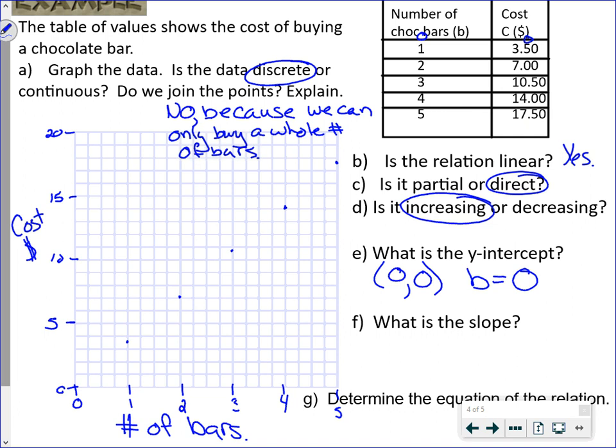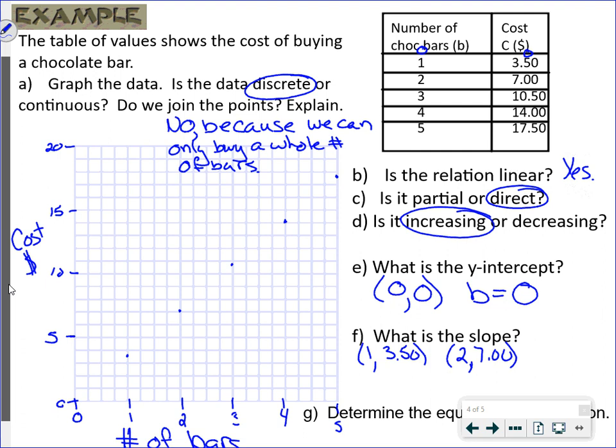What is the slope? So the slope we can figure out using our slope formula. So y2 minus y1 over x2 minus x1. If I choose 2 points that are on the table of values, I'll use 1 and $3.50, and 2 and $7. So to figure out the slope, we're going to have m equals y2.